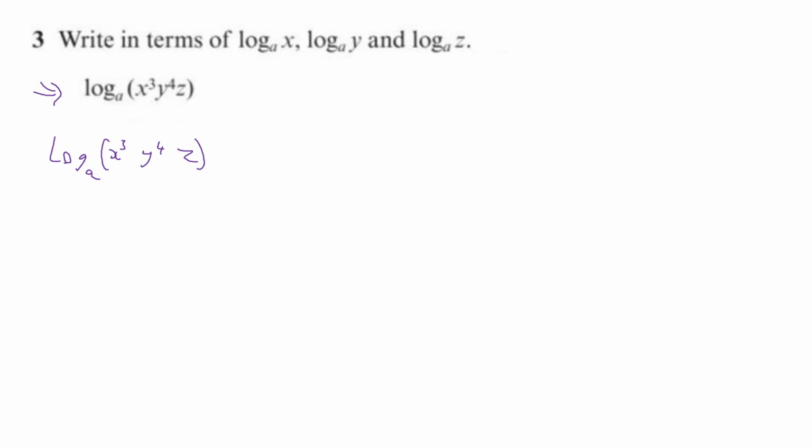Which log rules? We're going to use the first one, where we add them up. So that's the same as log of x cubed plus log of y to the 4 plus log z.